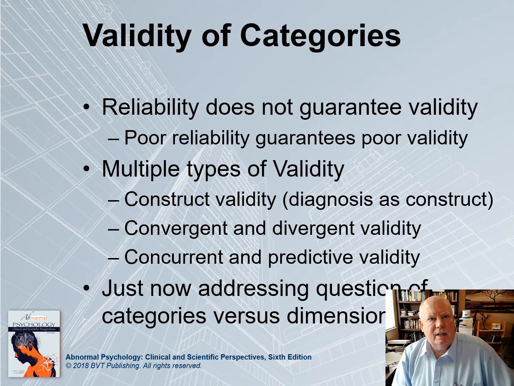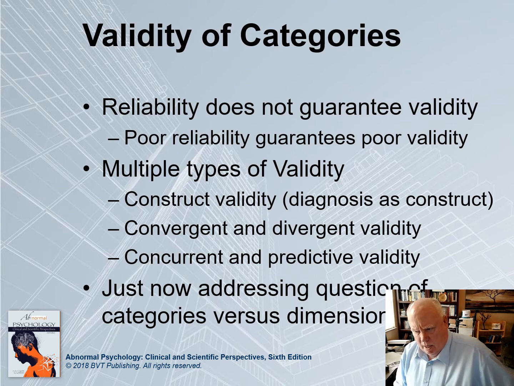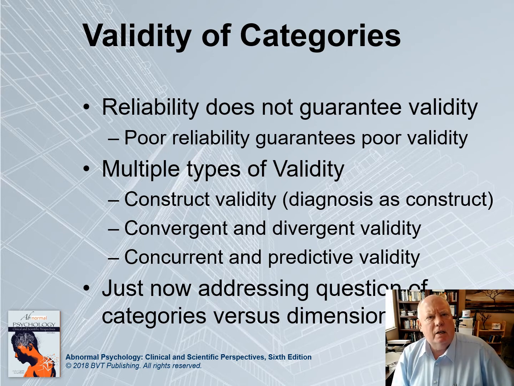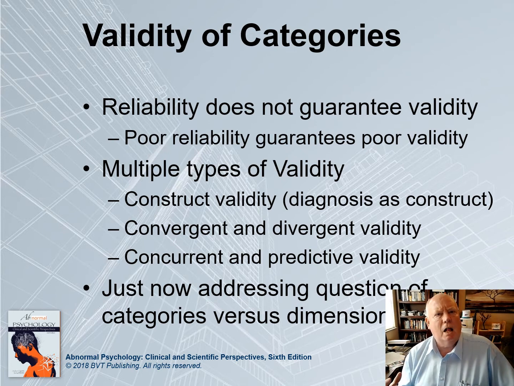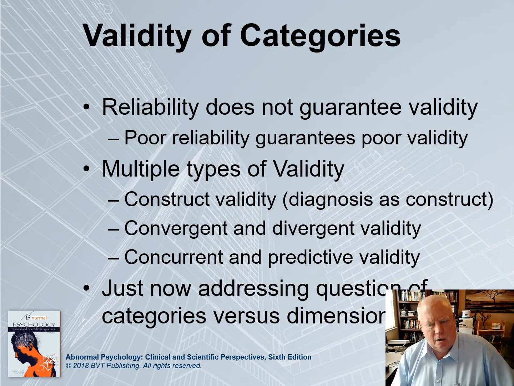We've talked about the various types of reliability. There are also various types of validity. The ideal concept of validity is to have some godlike knowledge of the truth of the circumstance. So if we knew in some magical way who had a disorder such as schizophrenia, and then we saw how well our diagnostic system identified those people, but only those people, that would be the perfect test of validity. But we don't have those things.